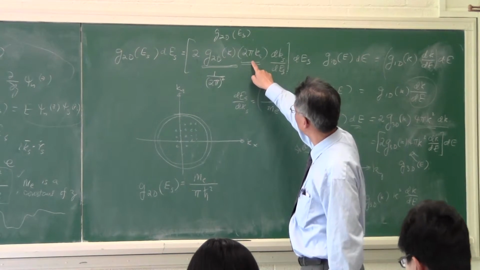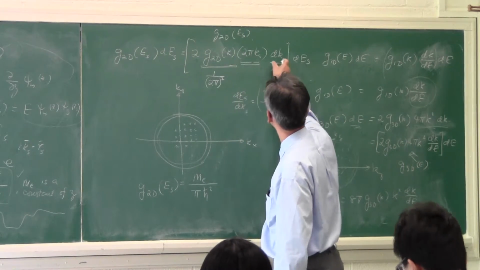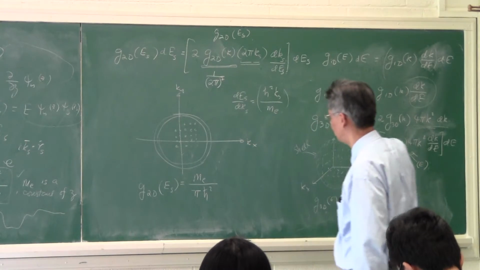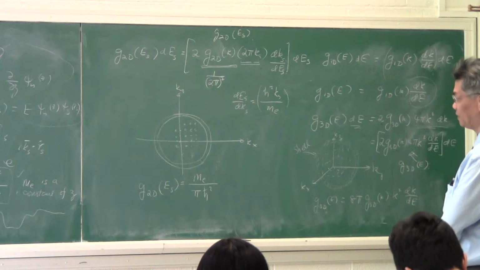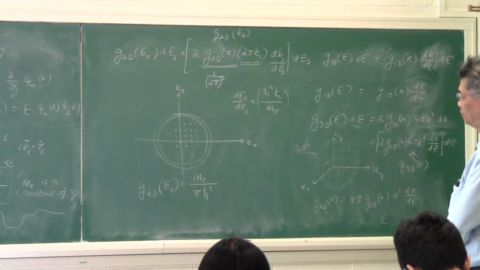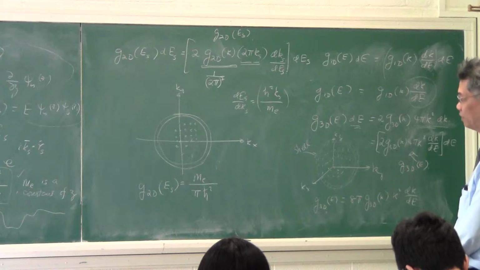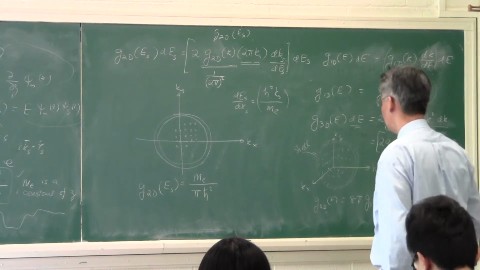And you know why I multiply by 2 pi ks? Because this is the circumference of this circle, and multiplying by dks gives the area of the annulus region. So the density of states turns out to be a constant in the energy variable. So what happens is this.